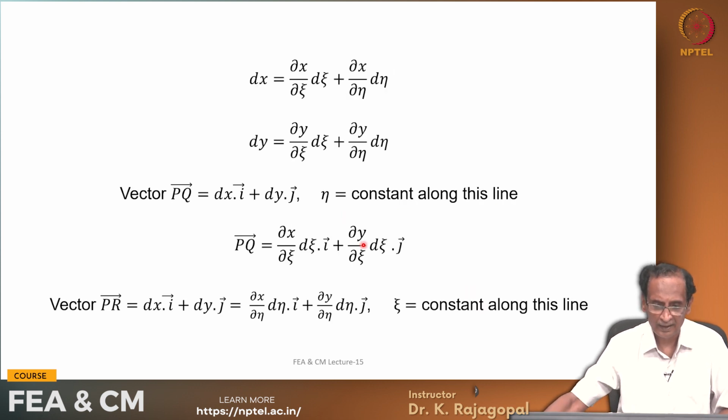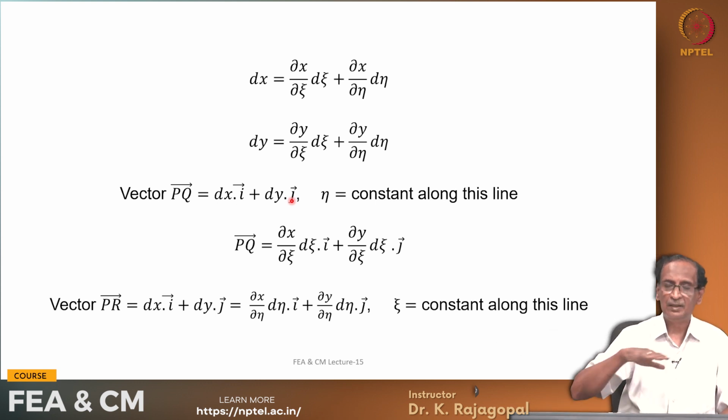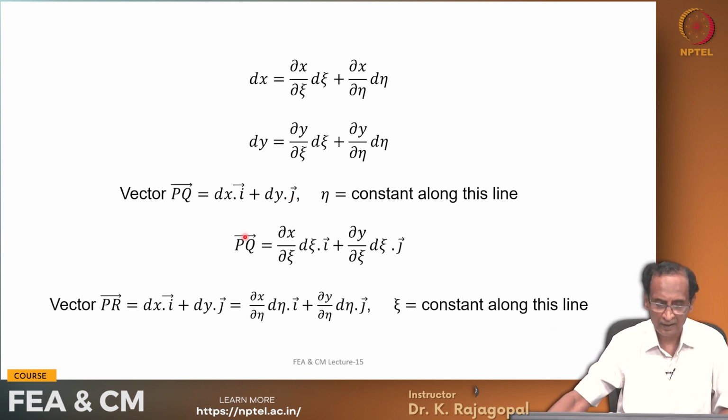The vector is in general written as dx i plus dy j, and along PQ, eta is constant, so I can write the PQ vector as dou x by dou xi d xi i plus dou y by dou xi d xi j.